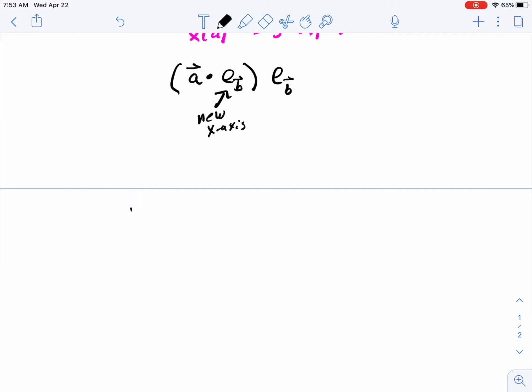I want to say the A component is the sum of A parallel plus A perpendicular. Now, what is A parallel? Well, A parallel is what we just found. So let me redraw this here.